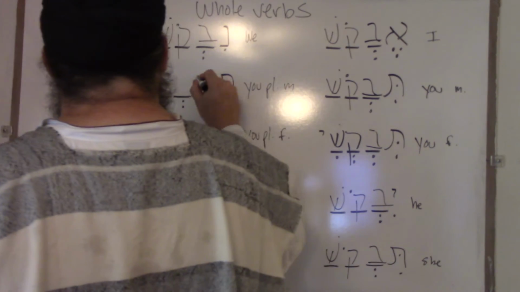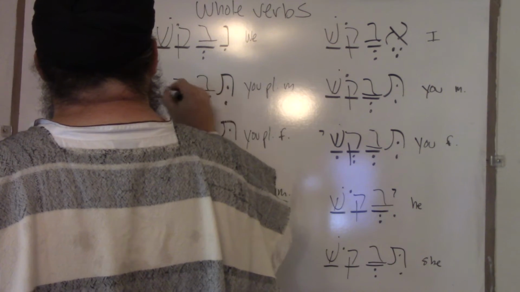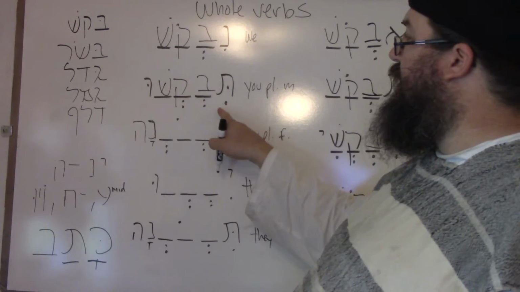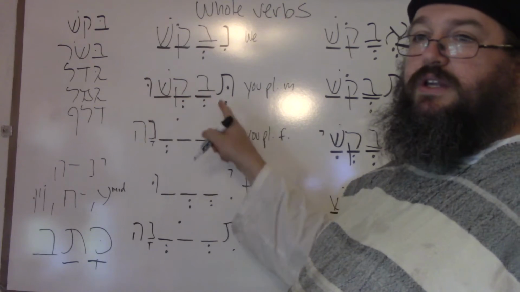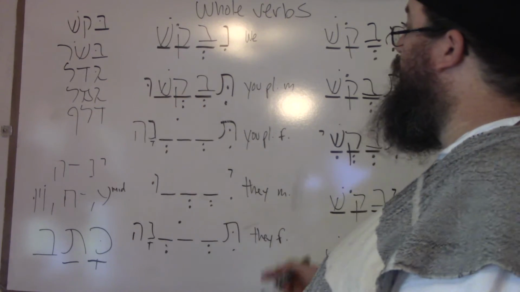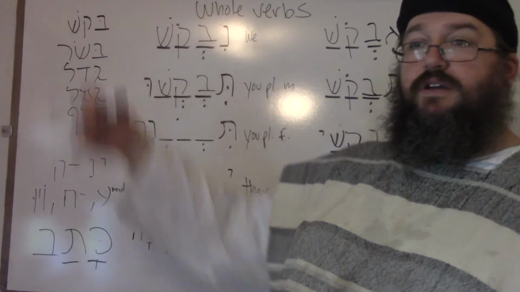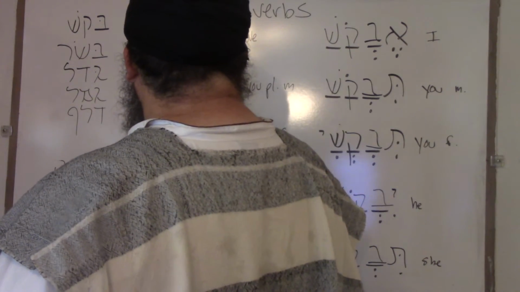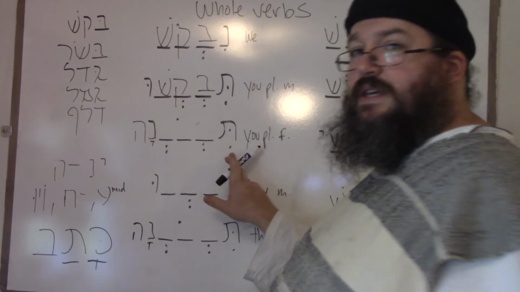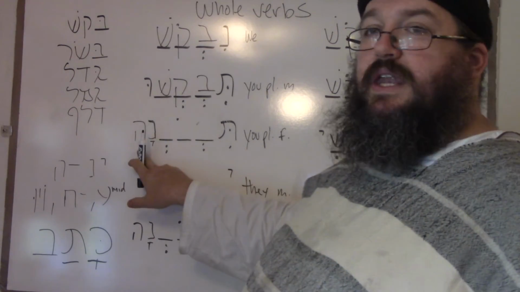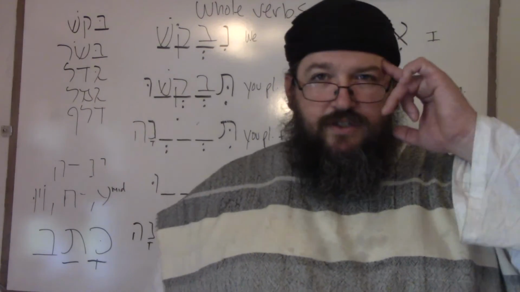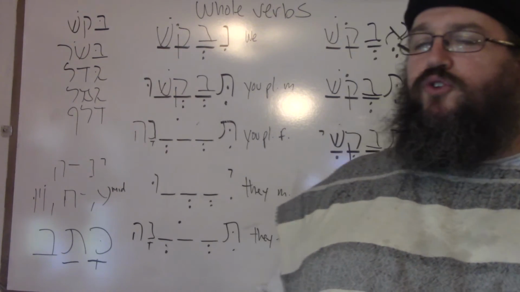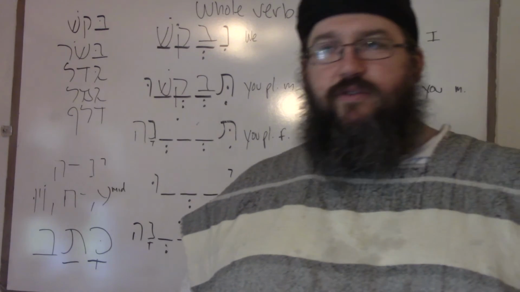So here, once again, we're going to put our root in. And now we have what? Tiv kshu, right? Which means you, plural, will seek, all right? Then we're going to do the feminine plural. Here in the feminine, we see T and we see na. Whenever you see na at the end of that verb, it's always referring to the plural form. Always, okay?